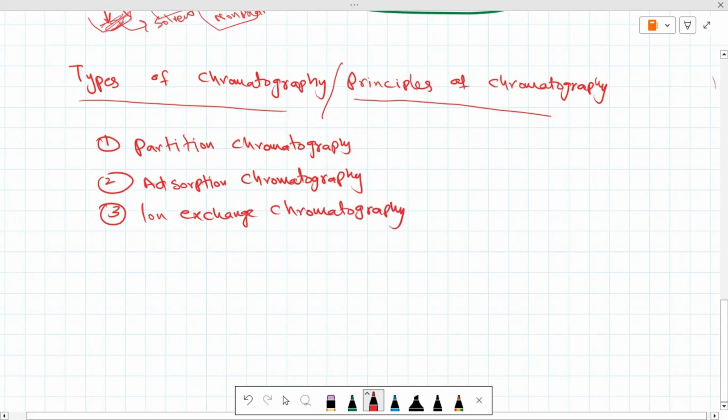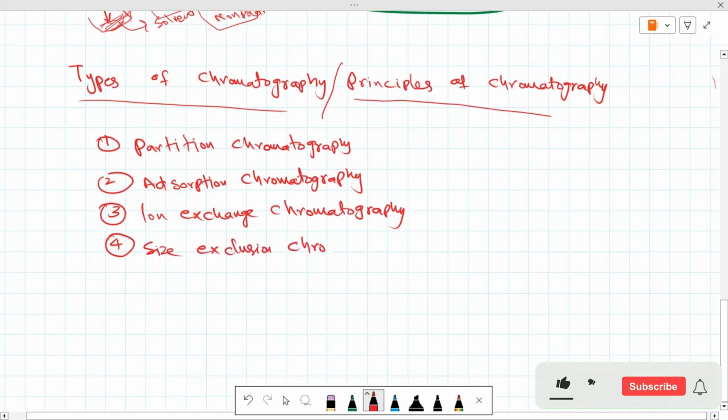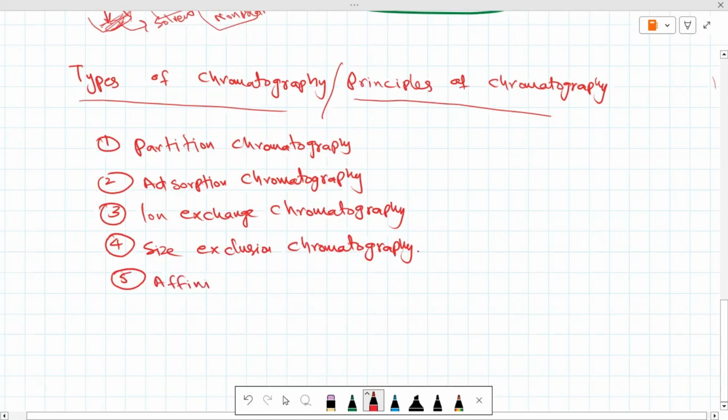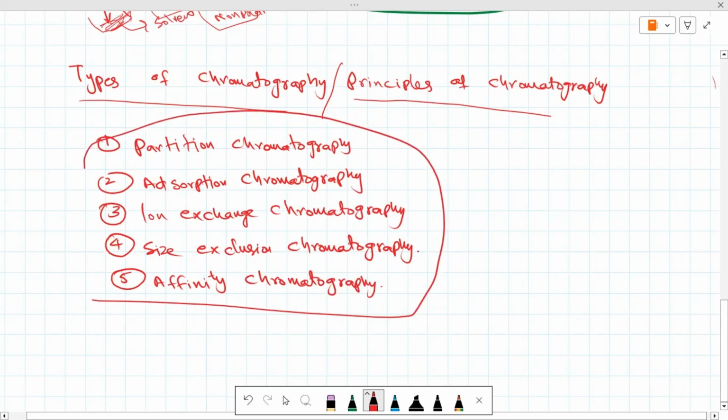Then we have size exclusion chromatography. And then we have affinity chromatography. These are five types of chromatography.